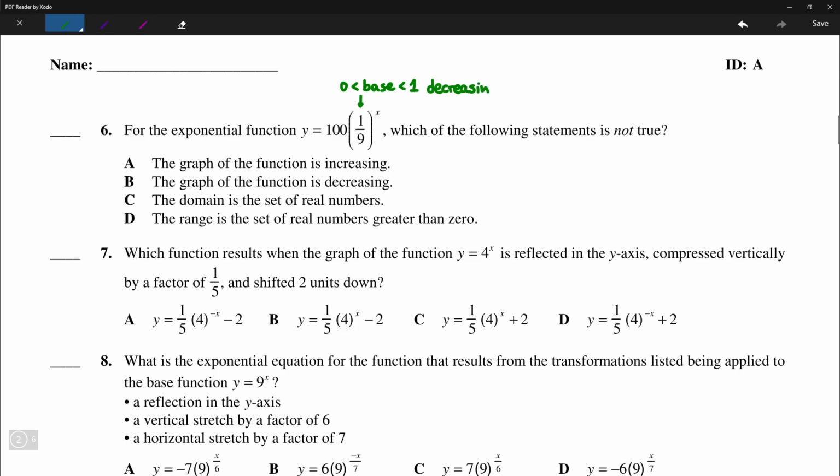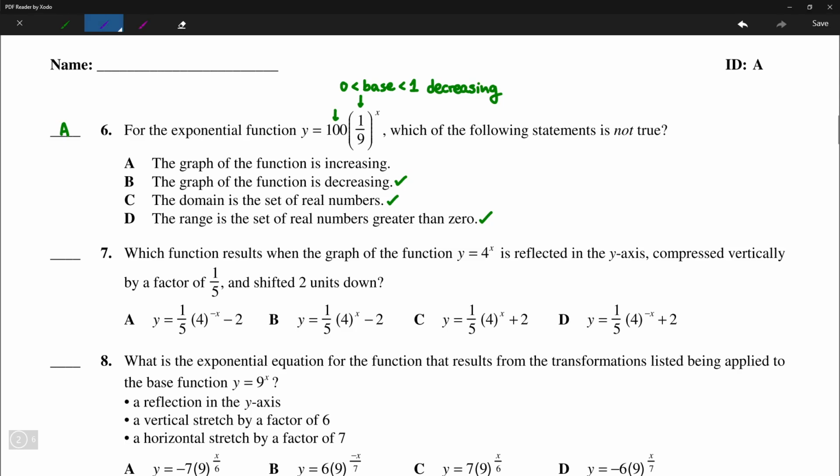Since our initial value here is 100, and that's positive, we know that the graph is decreasing. The domain is a set of real numbers. That makes sense. And the range is greater than 0. So this is a very typical exponential function. So the only one that doesn't make any sense is A, that the function is increasing. So the choice is A.